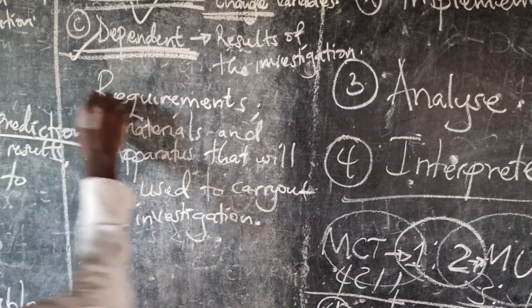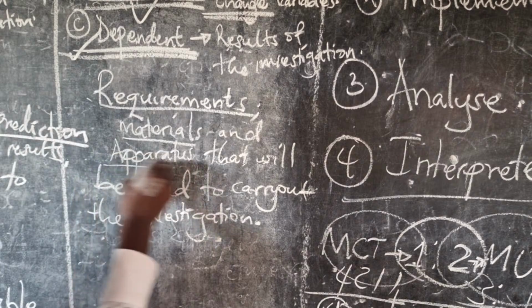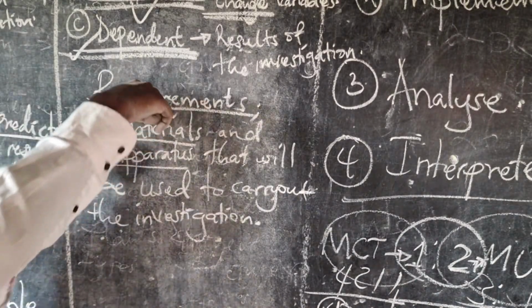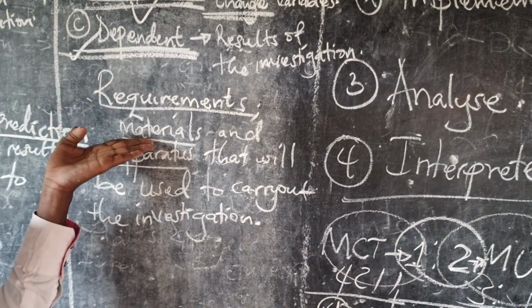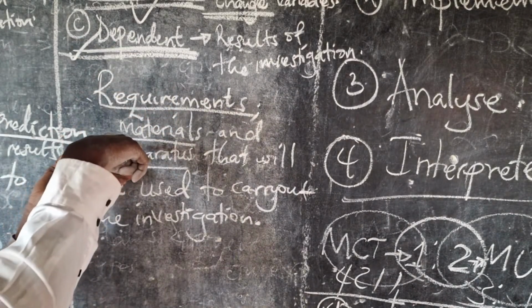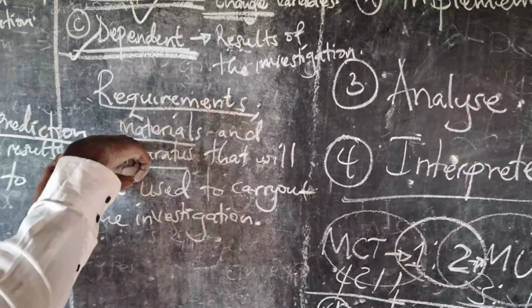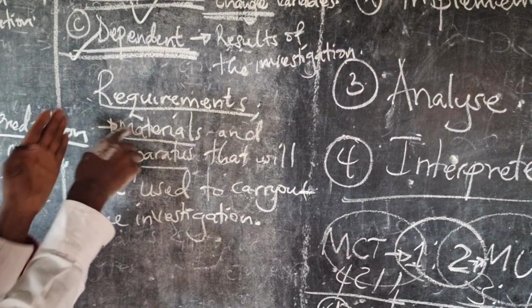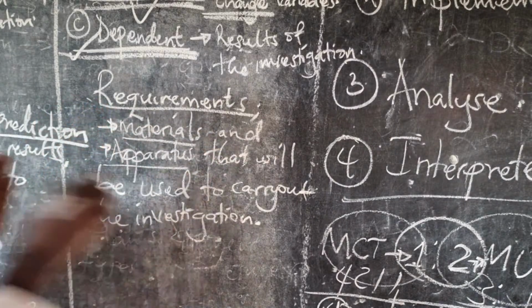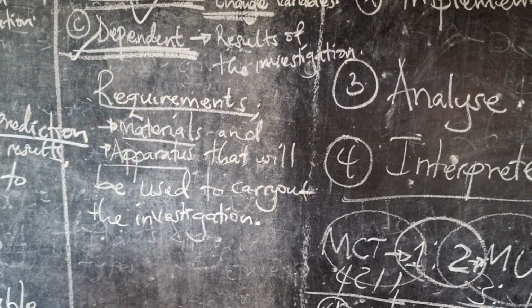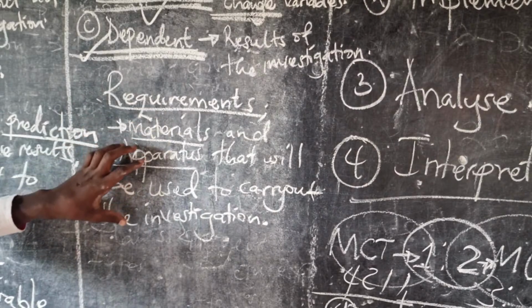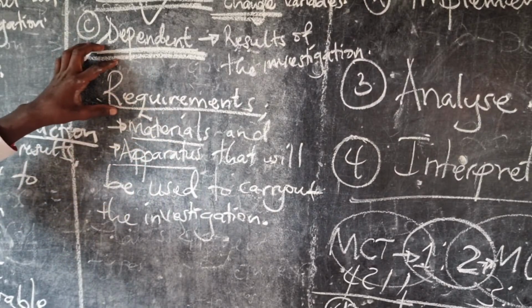So the materials, why am I separating the materials from apparatus? They are different. The materials will be those things that will be part of the product, and the apparatus will be the ones that will aid us, will help us, or that we shall use to mix the materials so that we can get the results or the product. So the ones that we shall always need to carry out an investigation will be the requirements.